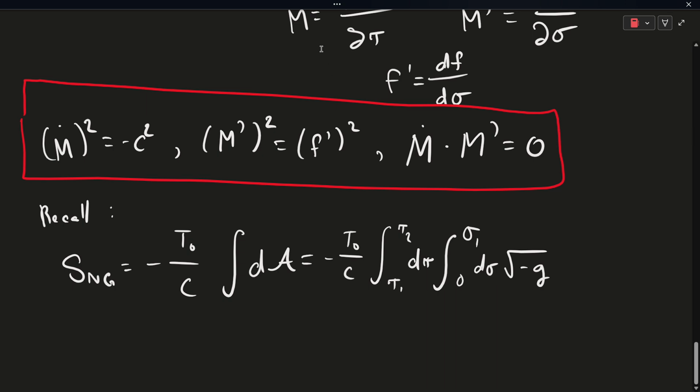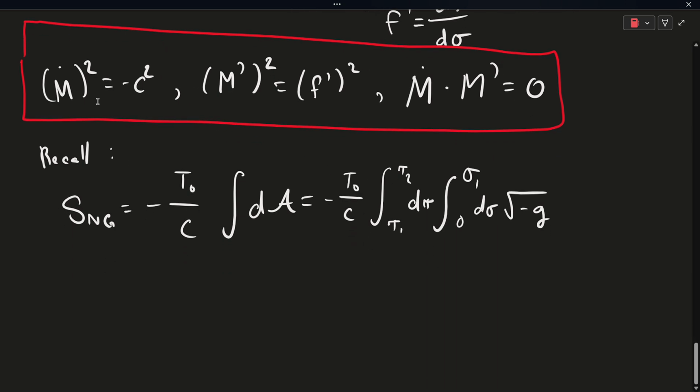And of course, the negative g would then be equal to combinations of these three facts.